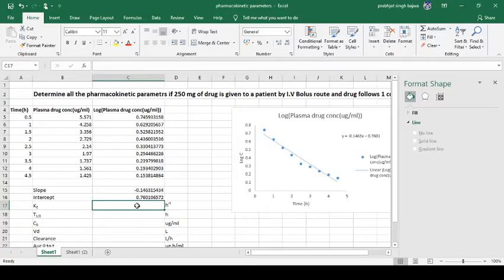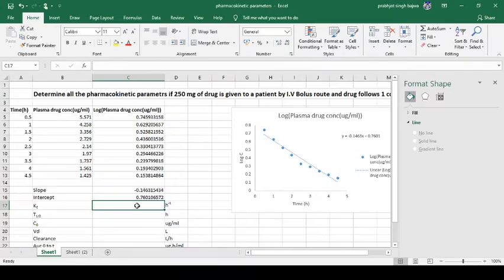So first we will calculate the value of elimination rate constant Ke. We know that the elimination rate constant can be calculated by multiplying slope into 2.303, that is, minus slope into 2.303 is the elimination rate constant Ke.